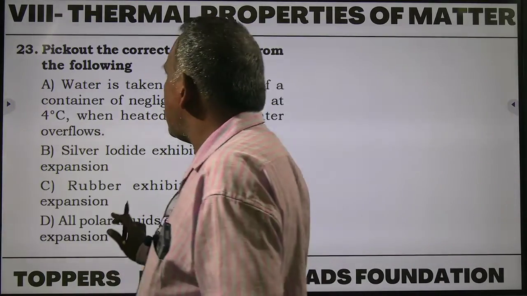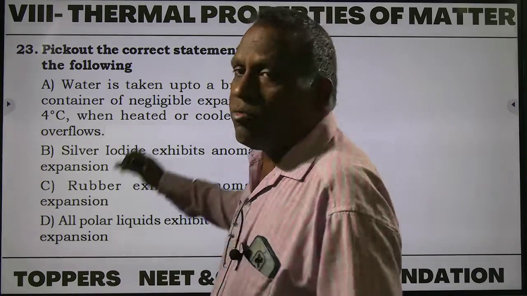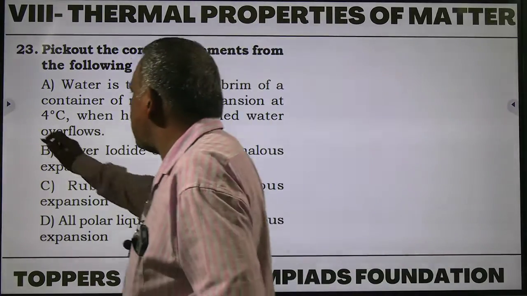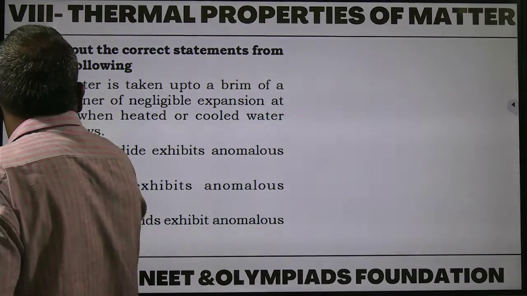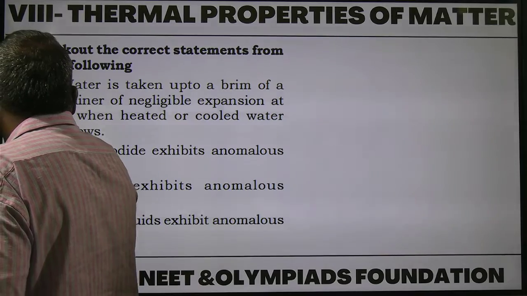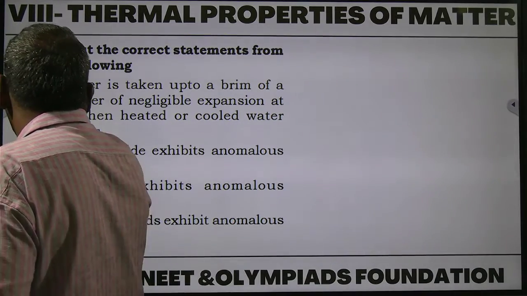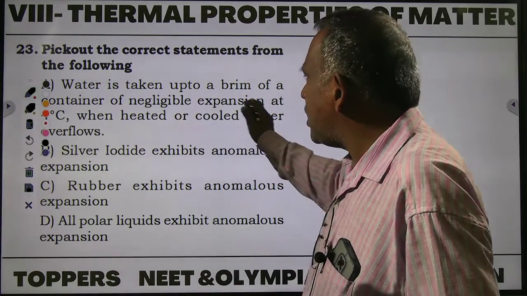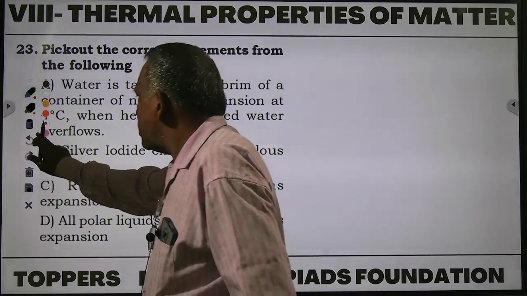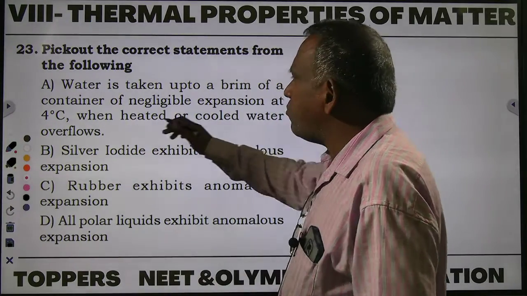Coming to the next question: pick out the correct statement from the following. What are the statements? Water is taken up to the brim of a container of negligible expansion at 4 degrees centigrade.